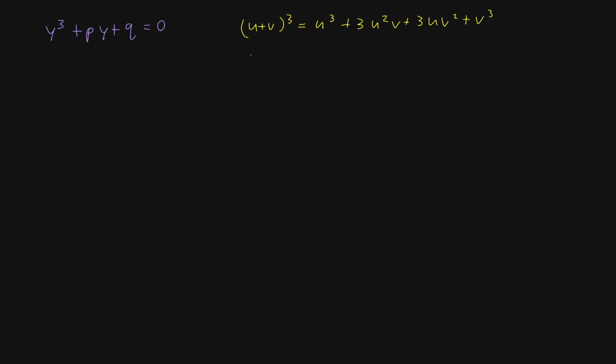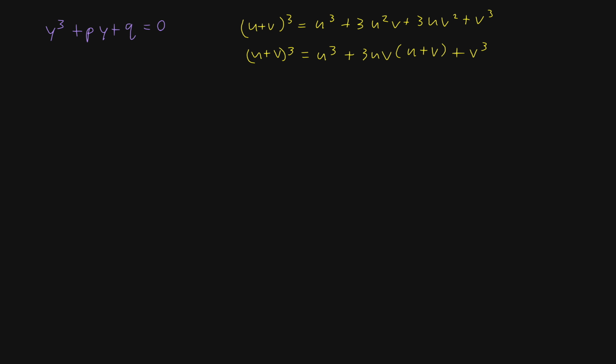So what we're going to get is (u + v)³ is equal to u³ + 3uv(u + v) + v³.